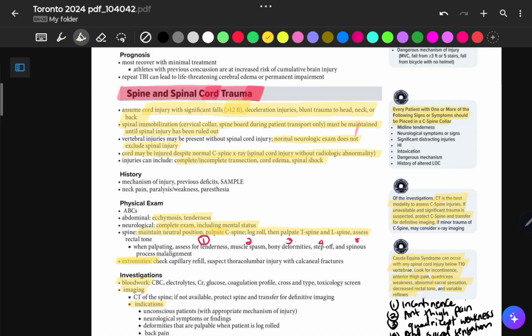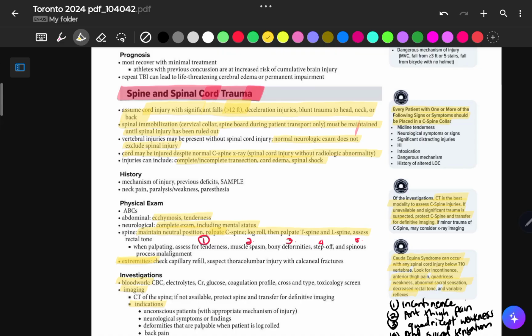The cord may be injured despite a normal C-spine X-ray. Remember, a normal neurological exam and a normal C-spine X-ray do not rule out any spinal injury. It's not sufficient.